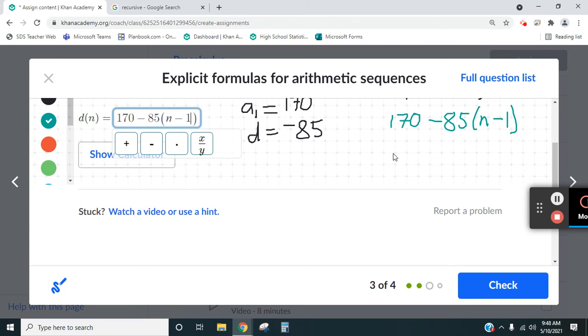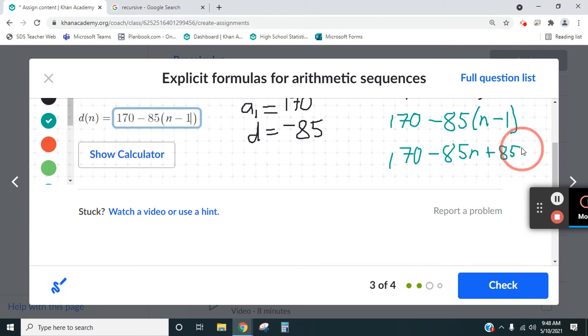That formula would look like this. -85n plus 85. And then you could combine these two numbers, and it would say 255 minus 85n. So that's another formula you could use if you wanted to go through all that work. But I bet you don't want to do that. All right. Questions on that one?